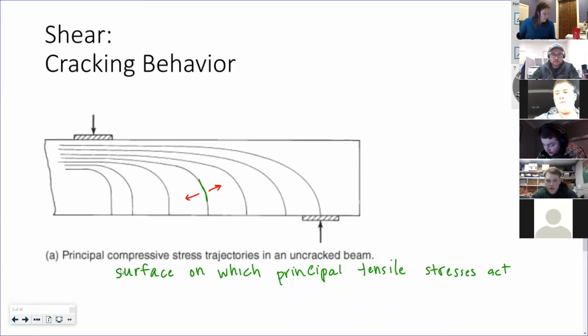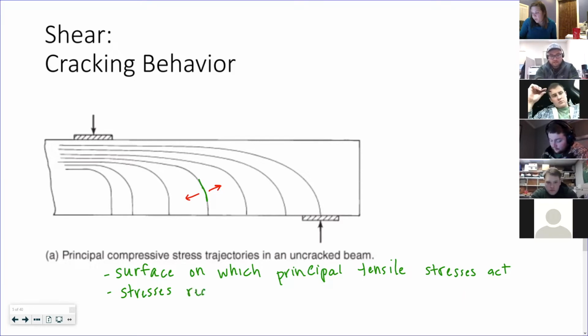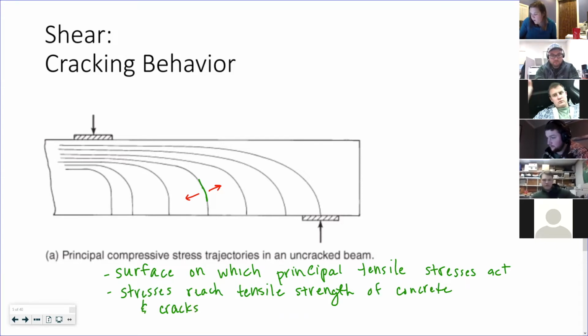And when these stresses reach the tensile strength of concrete, there's that cracking.